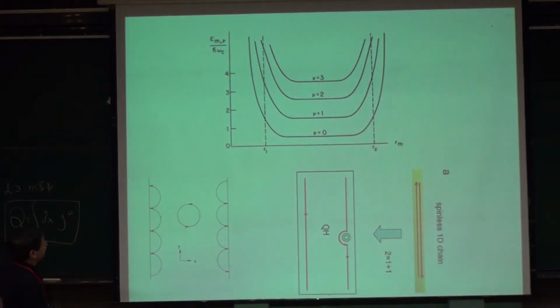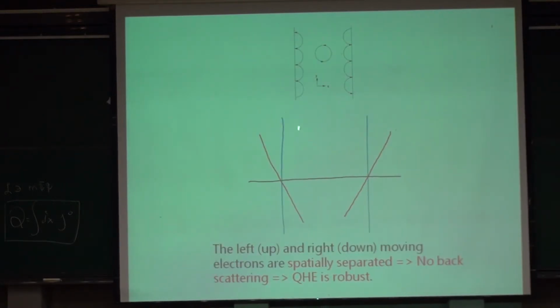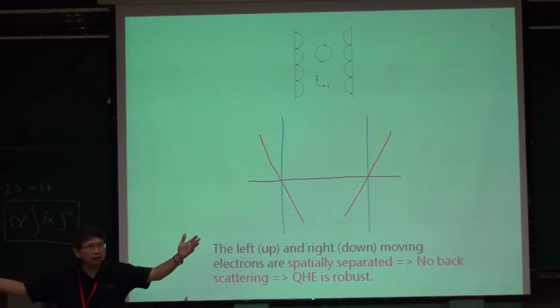From the left edge to the right edge. You could also move two. Okay, it depends on how many branches. For each branch you can move one, and that is precisely the picture I just told you about in the one-dimensional conductor, right?